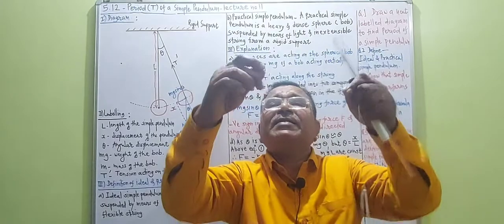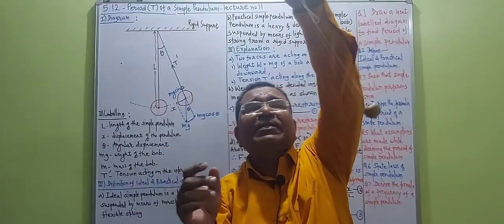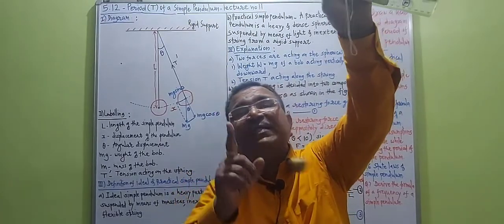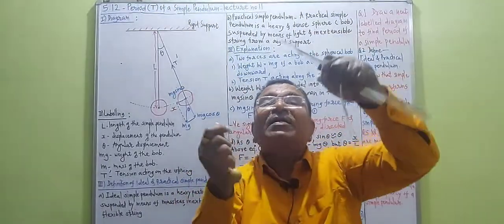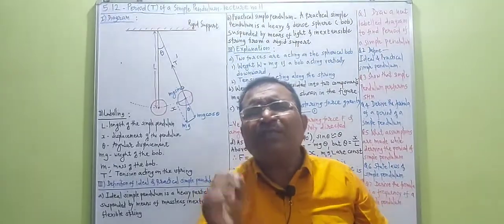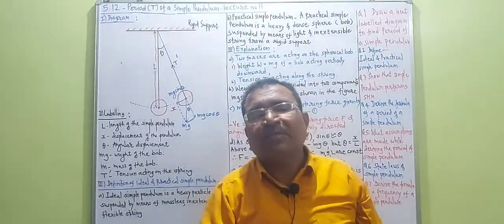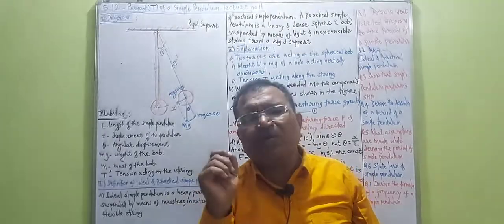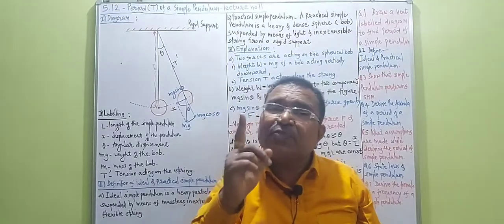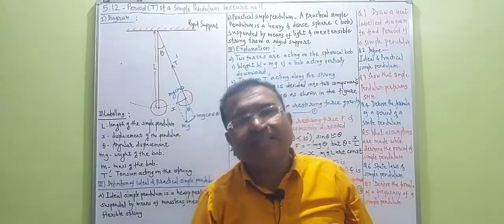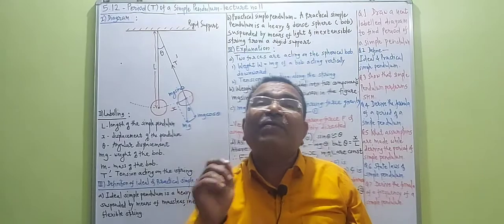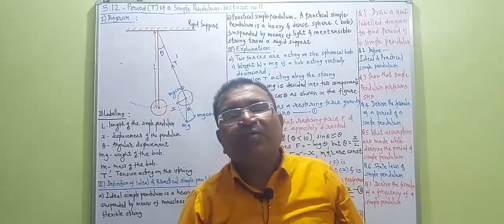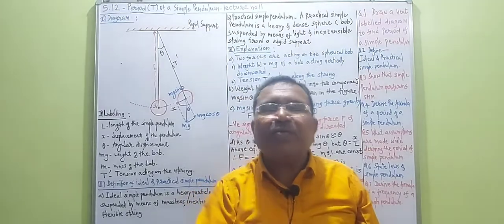The sphere should be dense, suspended by means of a light-weighted string. It should have some weight, but that weight should be light, and the string inextensible. It may be flexible or rigid, whatever it may be, so the word flexible is deleted while defining the practical simple pendulum.